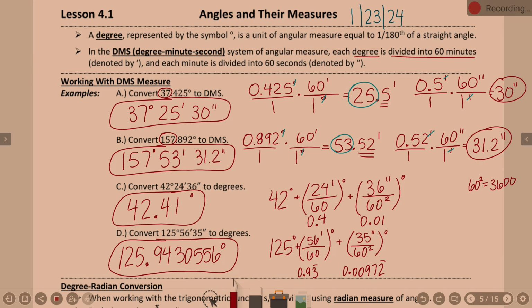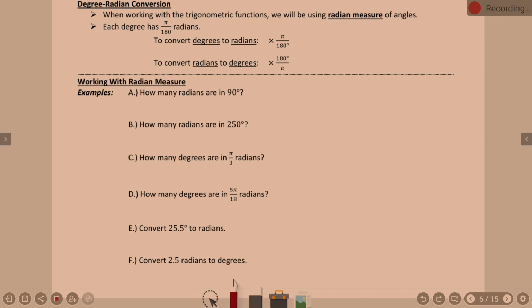The next section of this is converting degrees and radians. Okay? So we will be using radian measures a lot. We'll learn on the calculator how to go back and forth between degrees and radians. You'll get to be very familiar with that mode button on your calculator. But when working with trig functions, we'll be using radian measure.